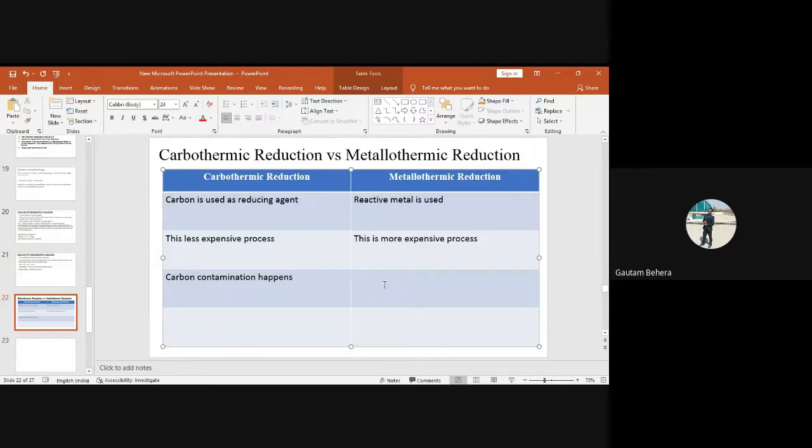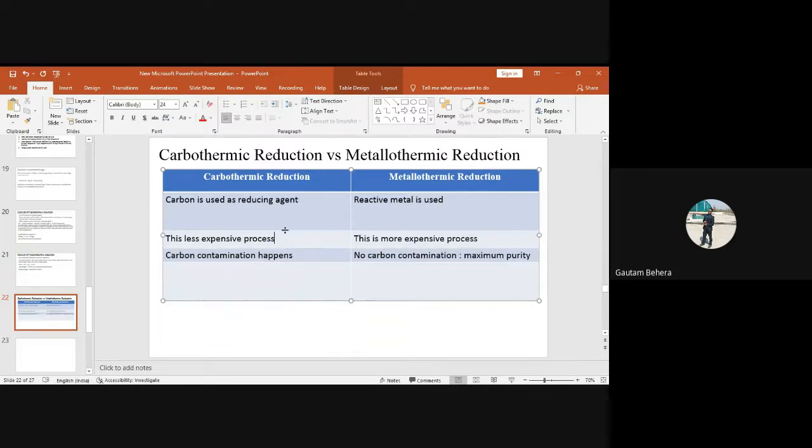Or here, what happens? No carbon contamination. Maximum purity. You get maximum purity.